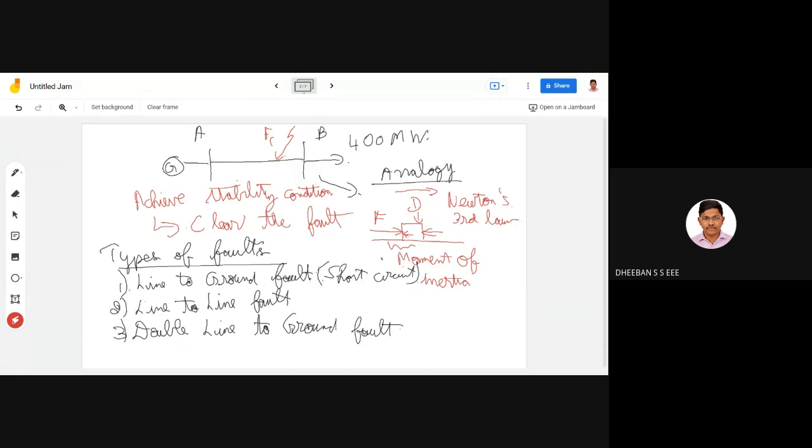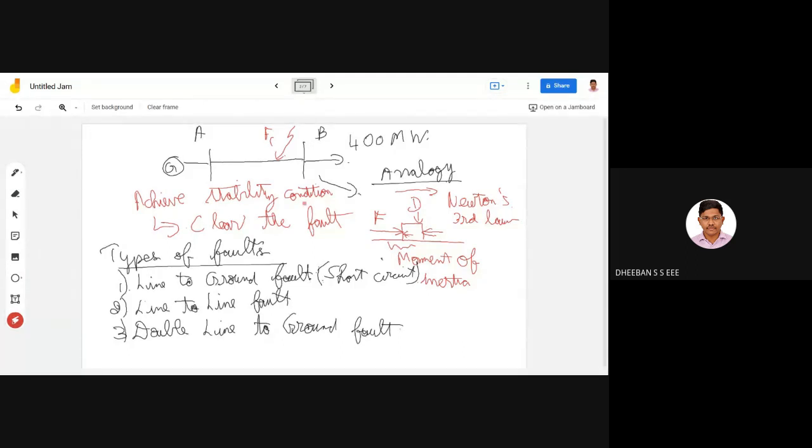For example, if this B is 0.8 per unit before introducing this fault, you have to consider the voltage in this bus to be a flat voltage profile, that is 1 per unit.